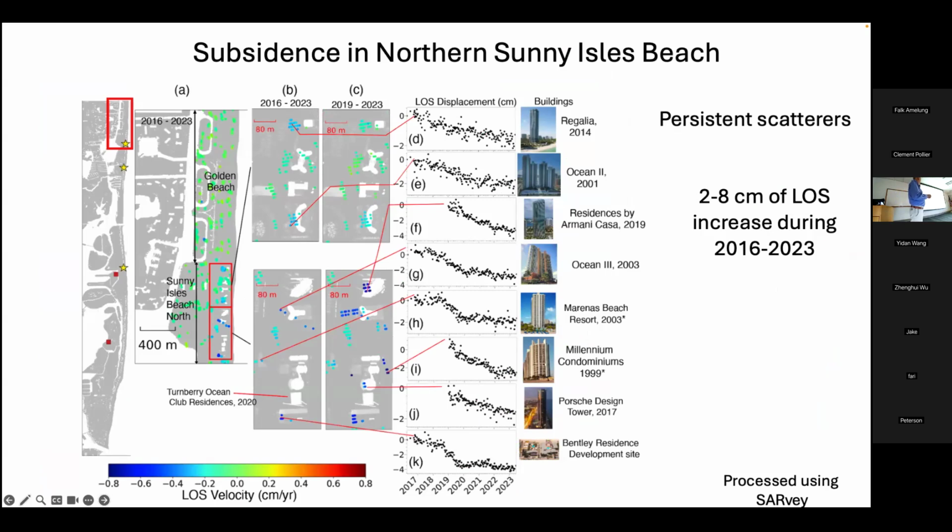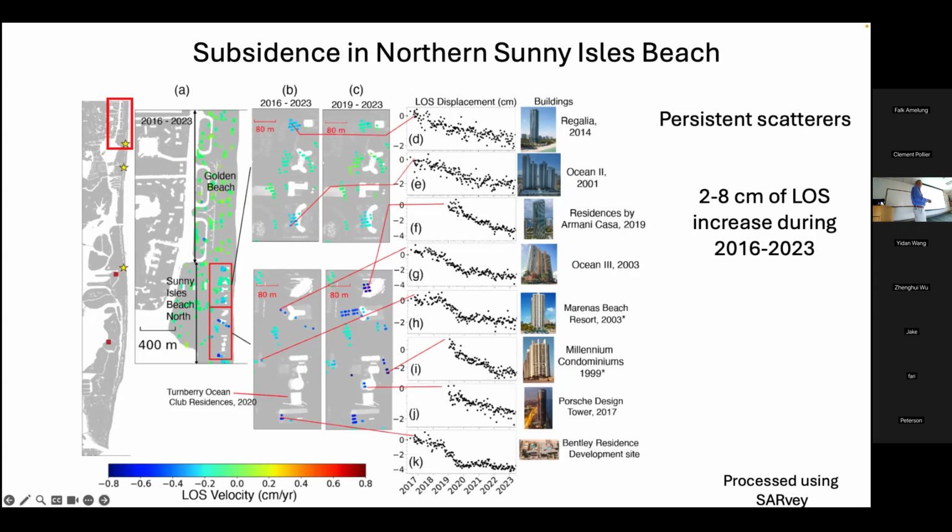Here we have the time series for the Regalia. It was relatively recently built, in 2014, 10 years ago. It shows more or less linear subsidence. All these buildings show some sort of subsidence signal. Here, the Marinas Beach, it's more or less linear, nothing is going on, then suddenly there's subsidence happening.